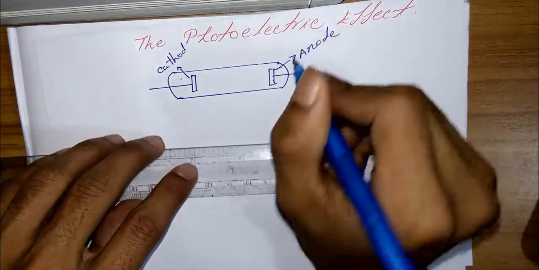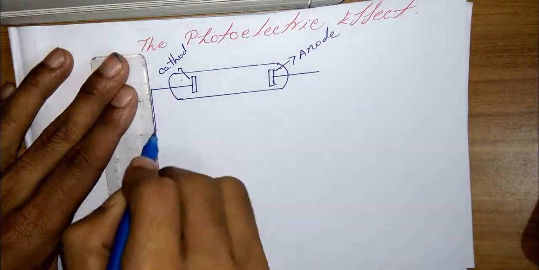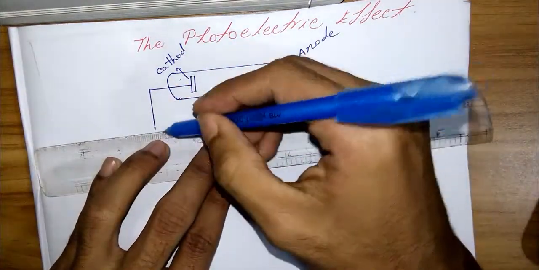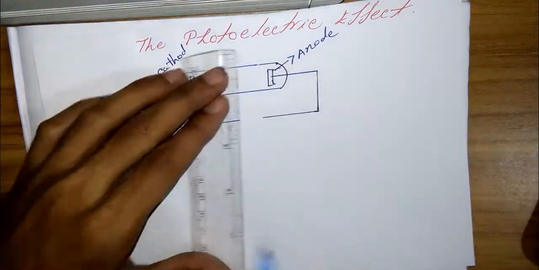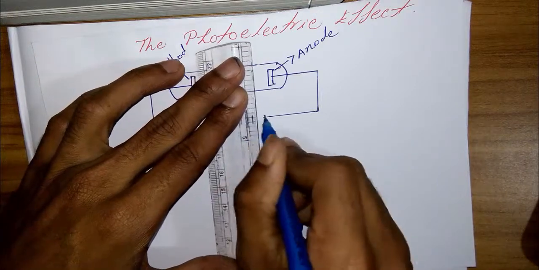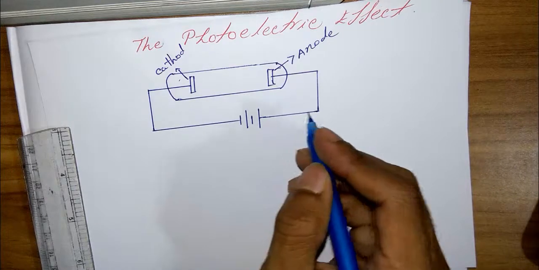After that, here is a voltage source, with the negative side connected to the cathode and the positive side connected to the anode.